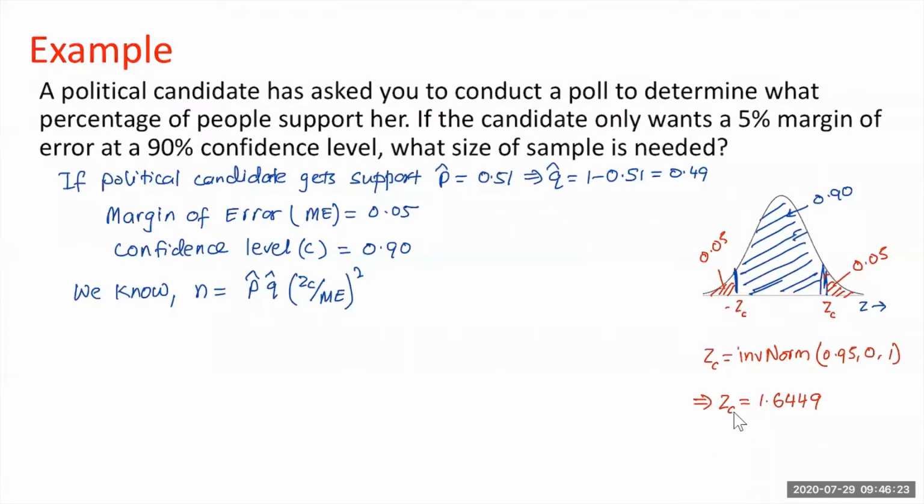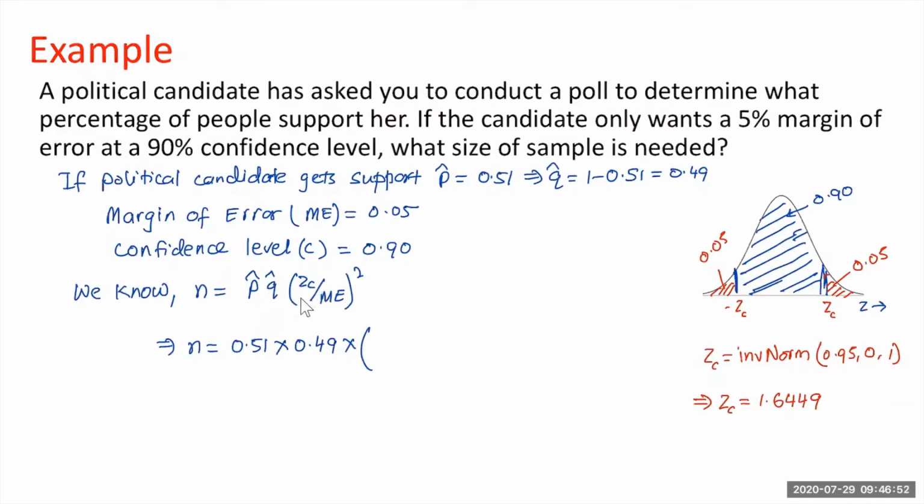Okay, once we have this z sub c, now we are going to plug in here to find the value of n. So let's do that. So this implies your n is equal to p hat is 0.51, multiplication sign in your calculator, then q hat 0.49, multiplication sign in your calculator, and then parenthesis begin.